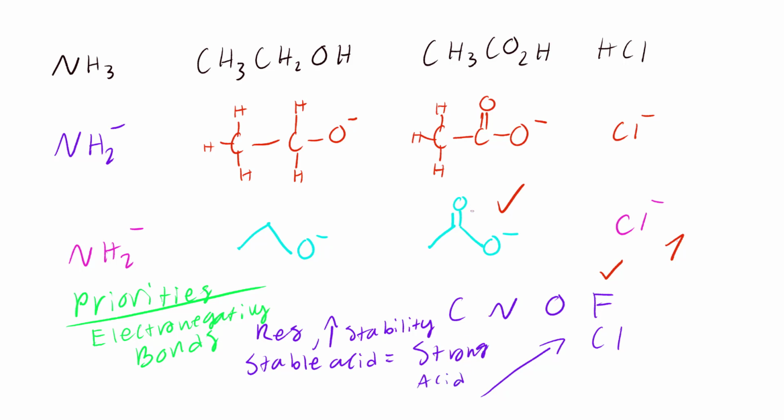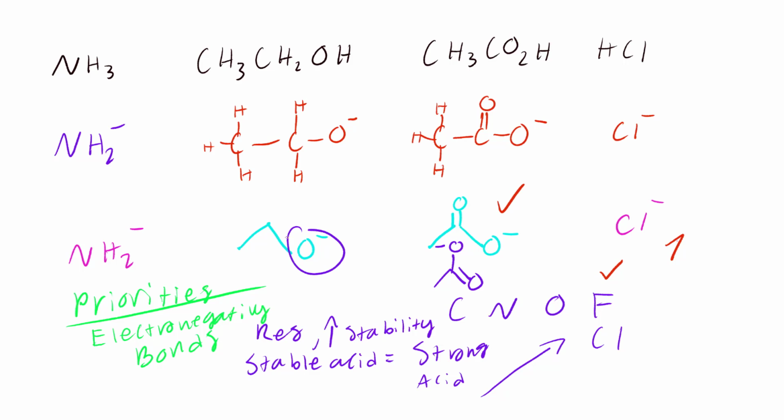And so we can actually make another structure, and that's a resonance structure, right? So therefore this molecule has 2 resonance structures, meaning that it's super stable and will act as a great acid.